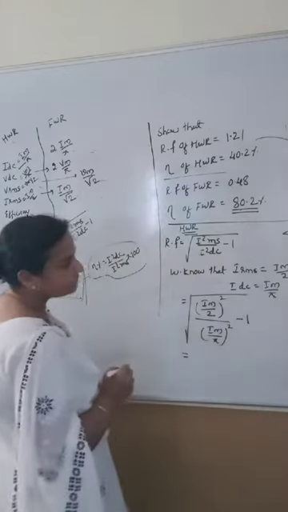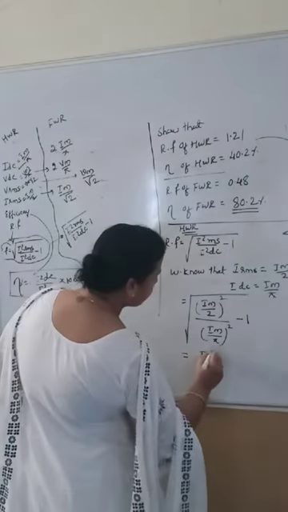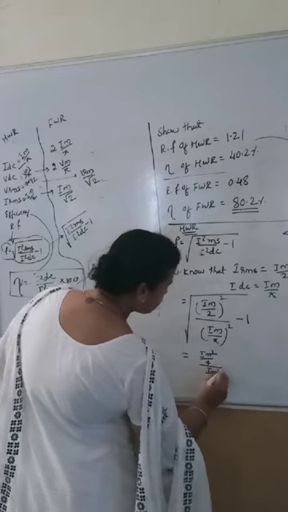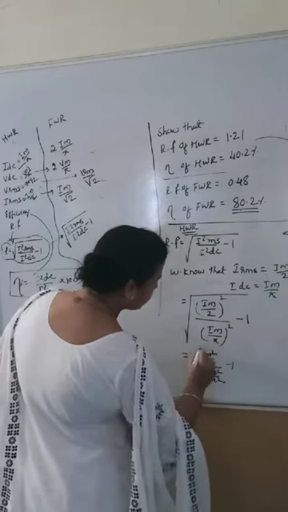Now this can be written as IM square by 4 divided by IM square by pi square, minus 1 under root.